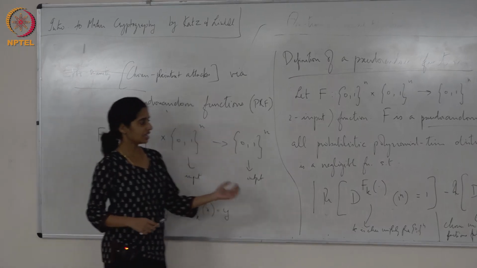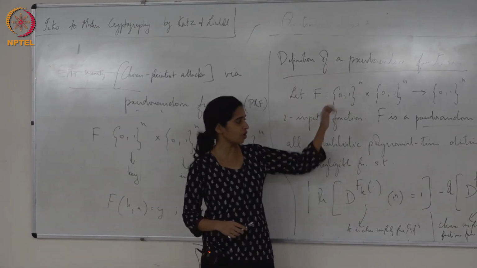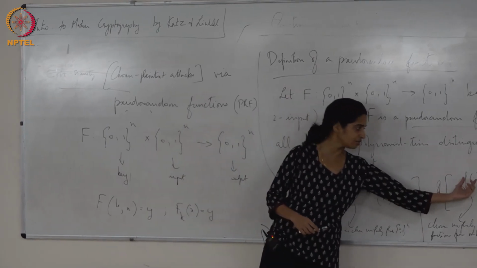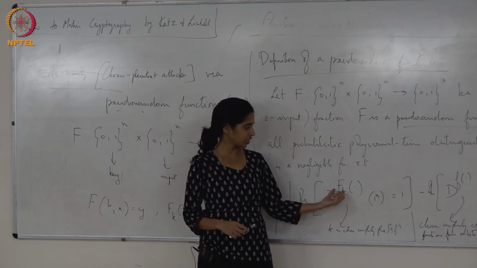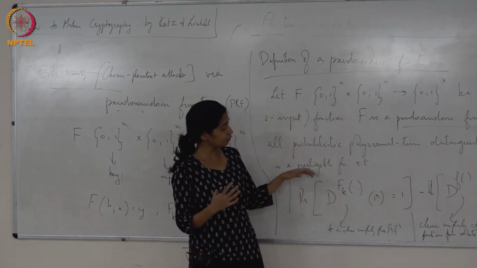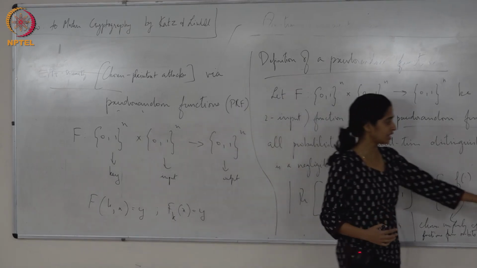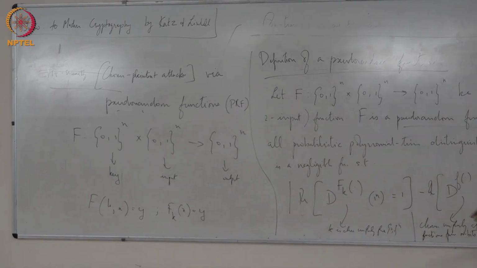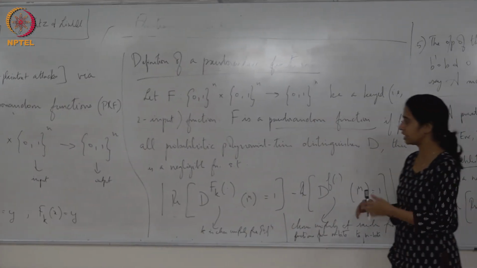But an efficient distinguisher D that just has oracle access to some oracle does not know whether it is a random function from n bits to n bits or this two input function f. So, if no efficient distinguisher D can distinguish between these two settings with greater than negligible probability, then we call this function f a PRF, a pseudo random function.